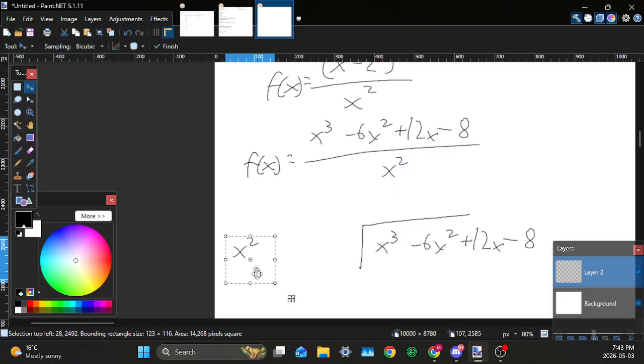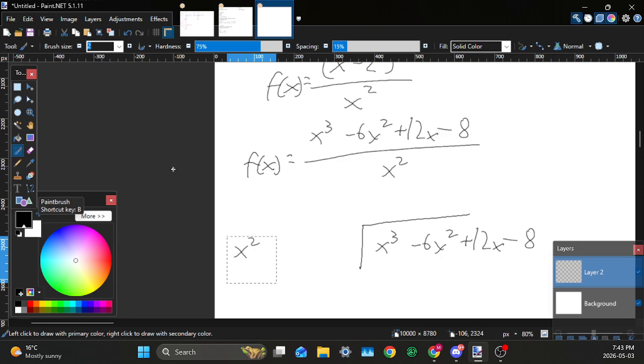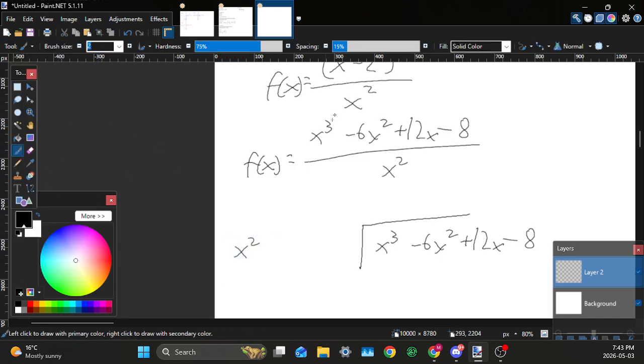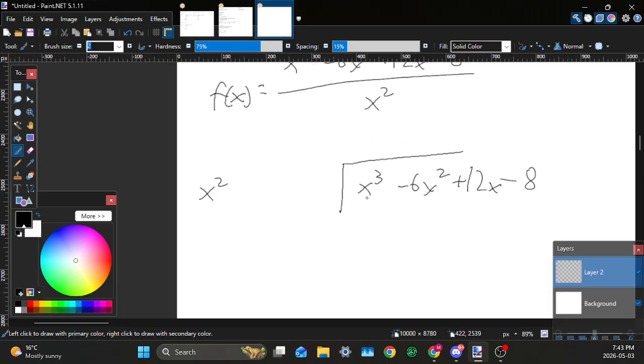Now, actually, it is important to note here that we have some invisible numbers. Hold on. x squared plus 0x plus 0.